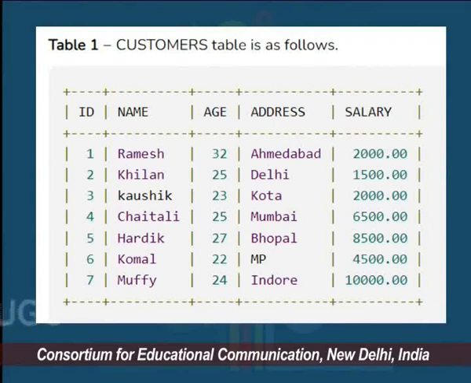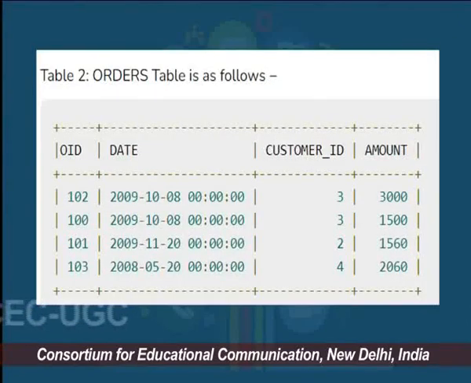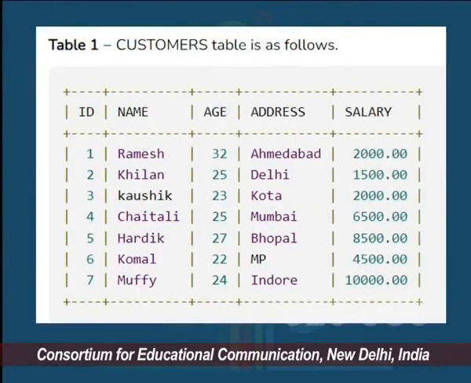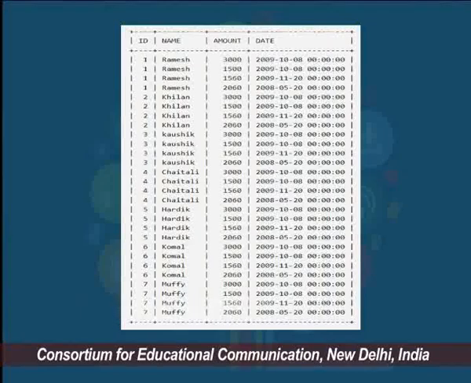Here is a customer table shown with ID, name, age, address and salary, having 7 tuples or 7 rows. And we have an orders table, which has 4 rows, with the columns order ID, date, customer ID and amount. If we want to take the Cartesian product of customers and orders, we write customers cross orders, and here is the result.